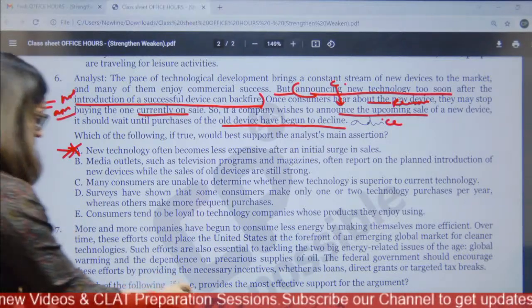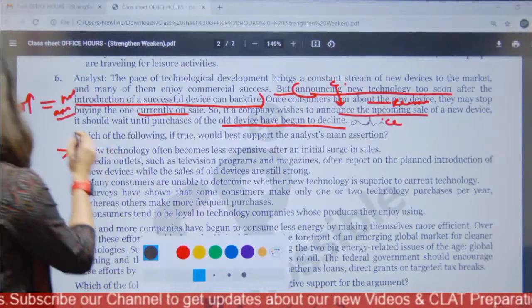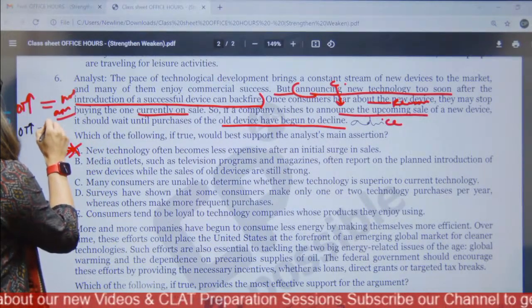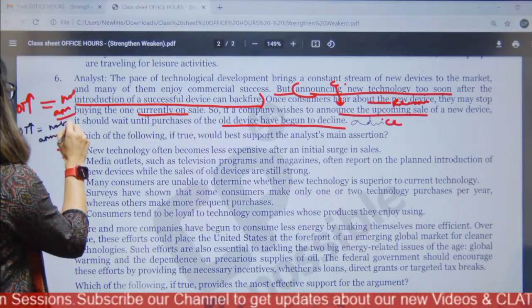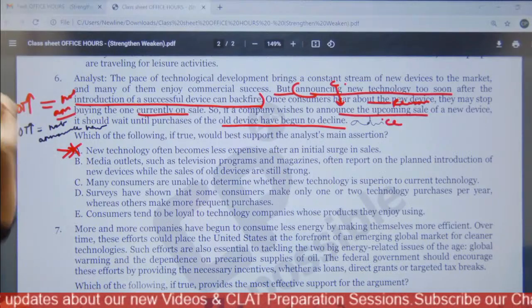Right? So let me change the pen and write it. If old technology is selling, then not announce new. This is what we have to show. Right?